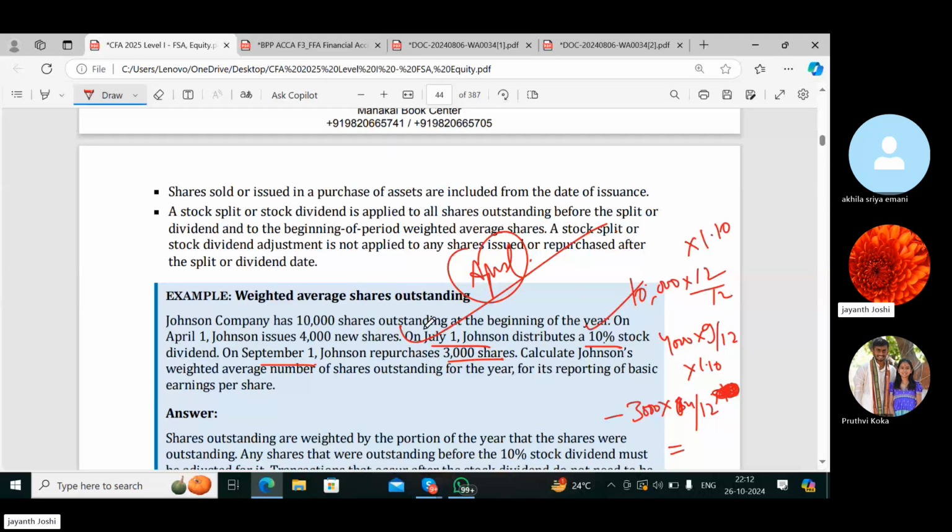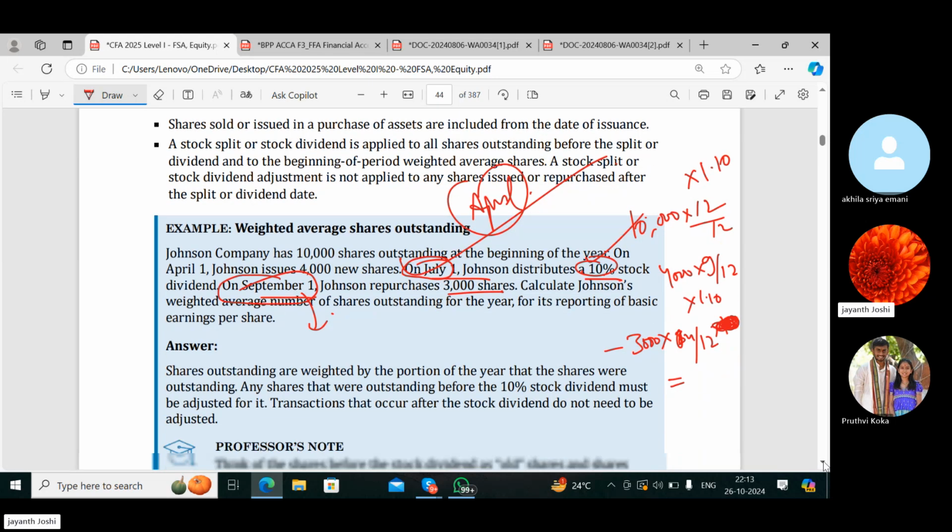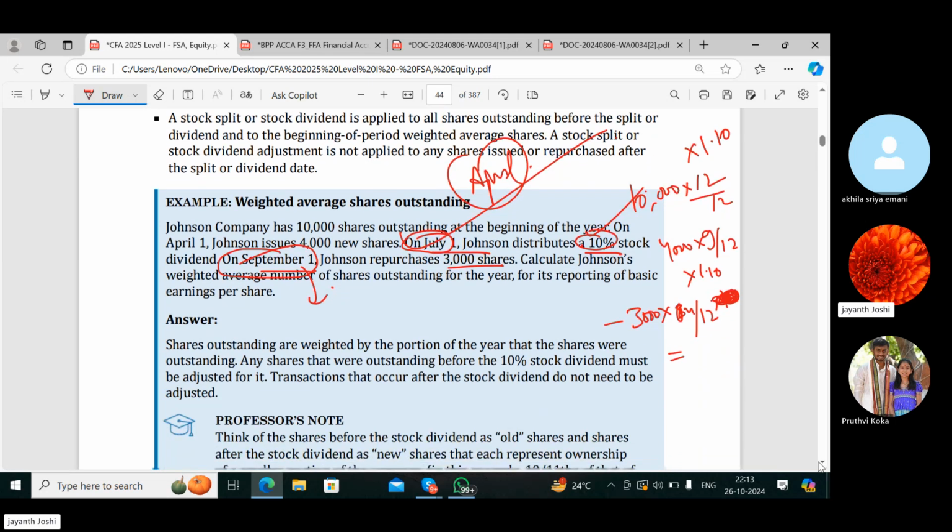This thing on July 1st happened before September, so this is applicable from the beginning. After the stock dividend declaration, the stocks were repurchased. So we won't give it when you do the calculation.